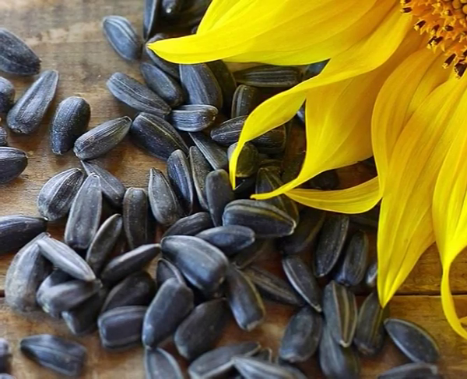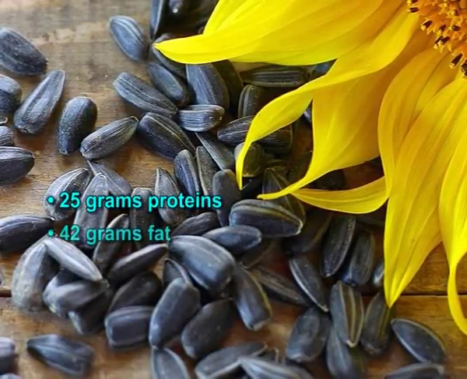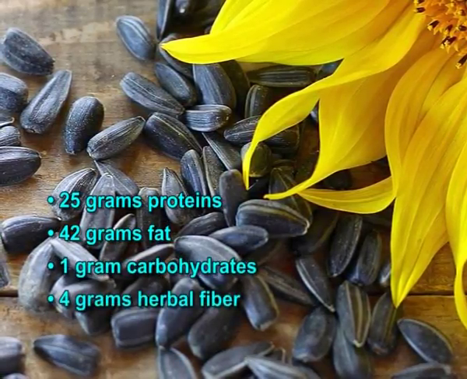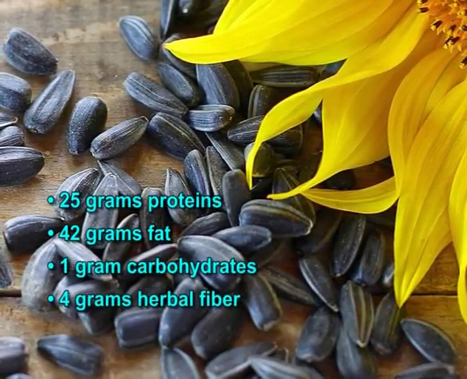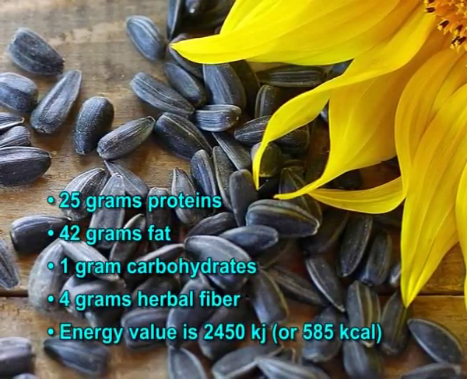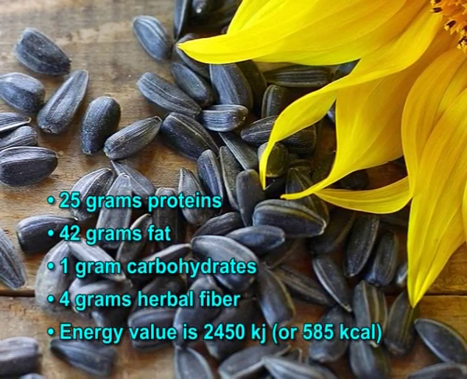Sunflower seeds of 100 grams contain about 25 grams of protein, 42 grams of fat, 1 gram of carbohydrates and 4 grams herbal fiber. The energy value is 2,450 kilojoules or 585 kilocalories.